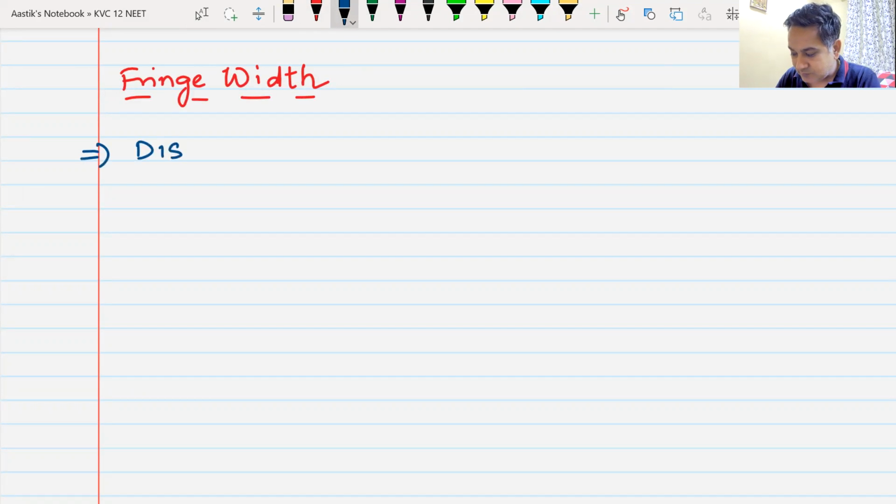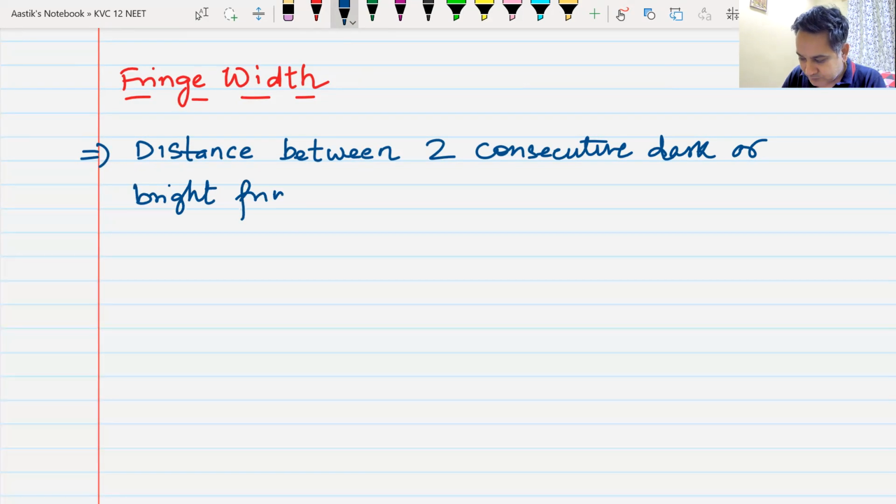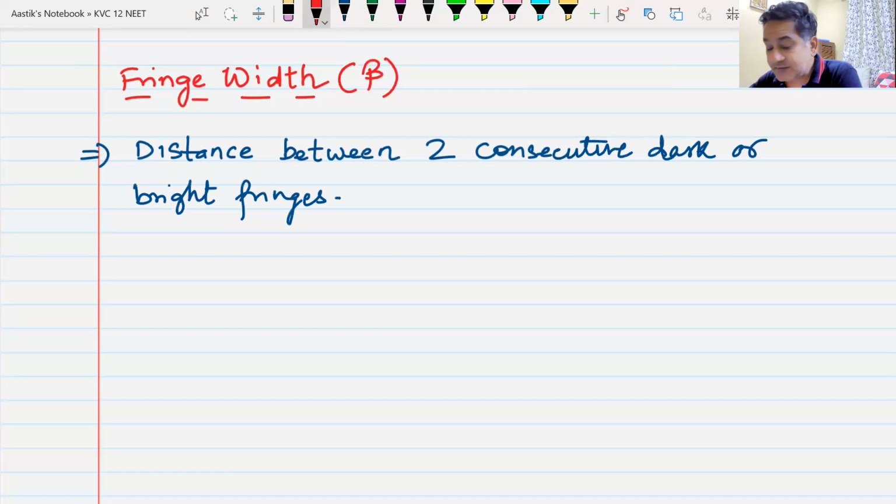It's the distance between two consecutive dark or two consecutive bright fringes. This fringe width is denoted by the legendary letter beta. The distance between two consecutive dark fringes or two consecutive bright fringes.